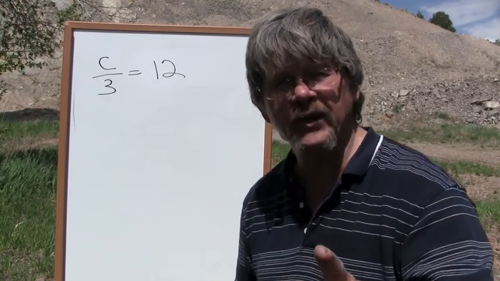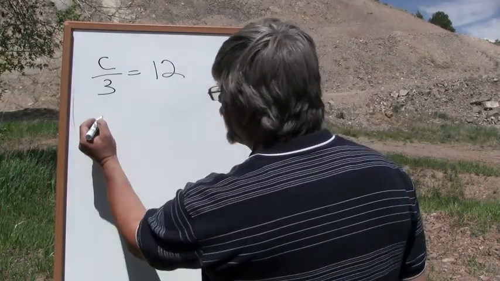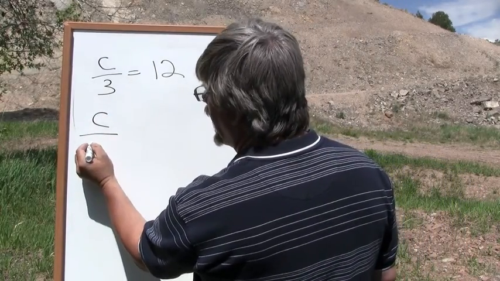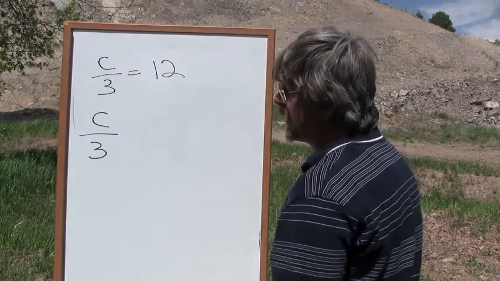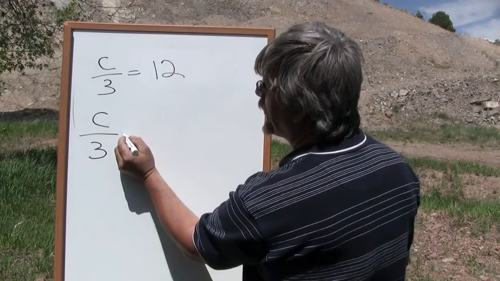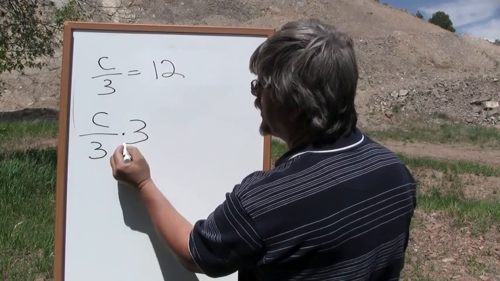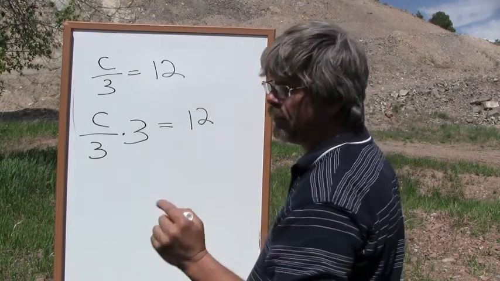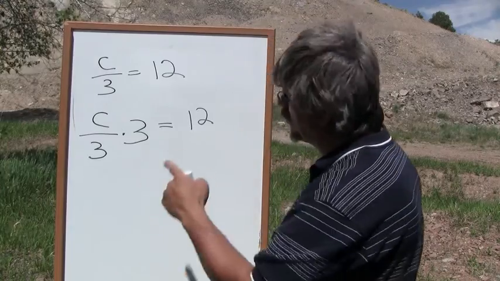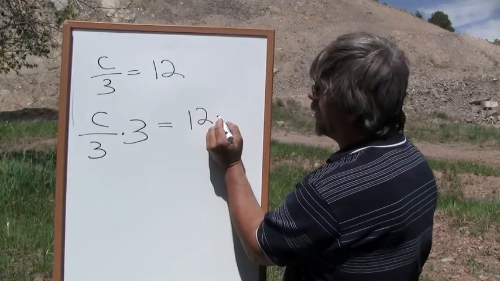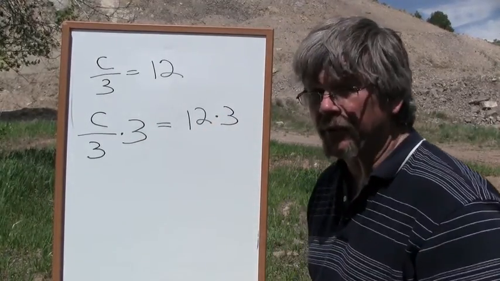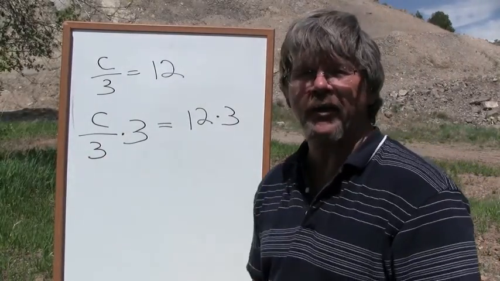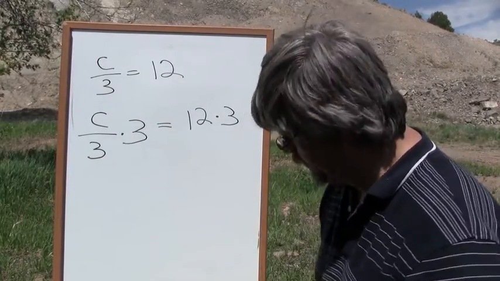Now I'm going to show you something. c over 3, c divided by 3, you multiply it times 3, equals 12. But 12 also has to be multiplied by 3. What you do to one side, you do to the other. But let me show you something here.